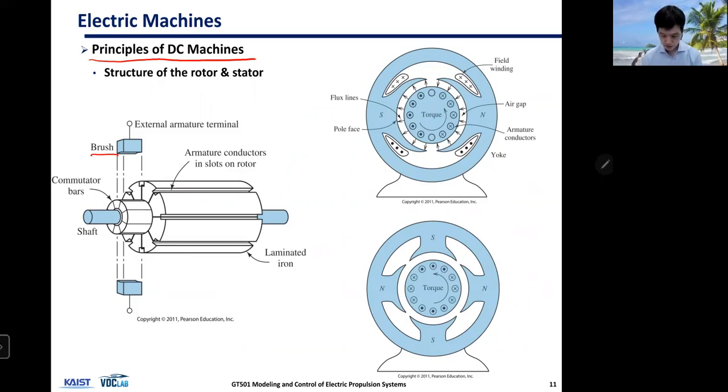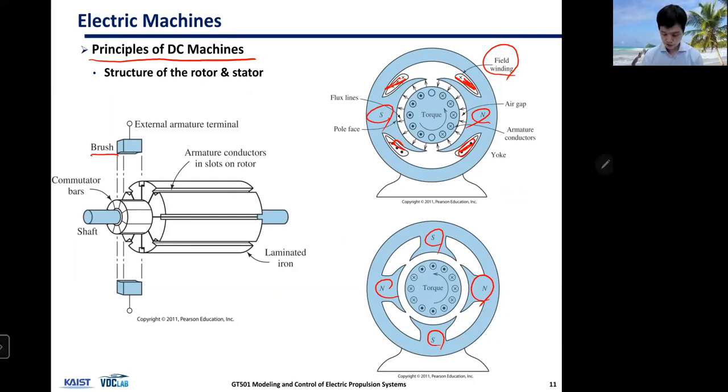You have field winding or permanent magnet at the stator. If you generate this field either using a permanent magnet or using windings and flow current within these windings, then you're going to generate a magnetic field.